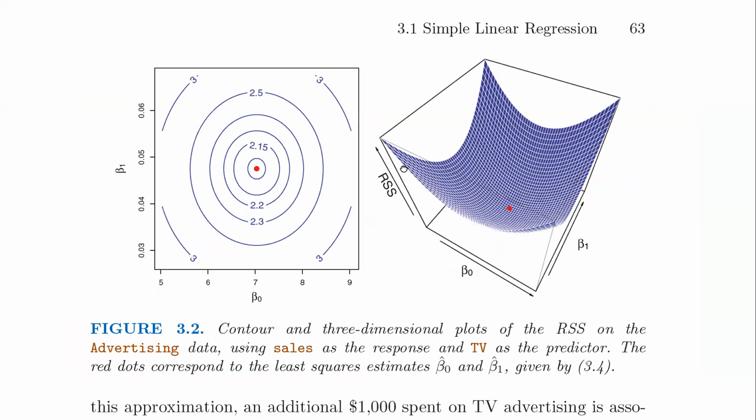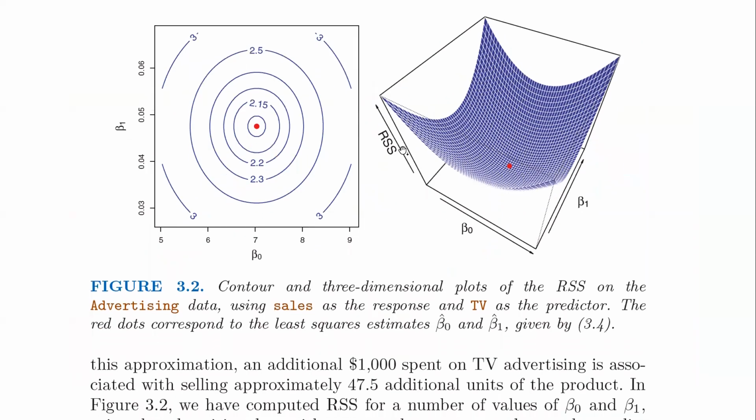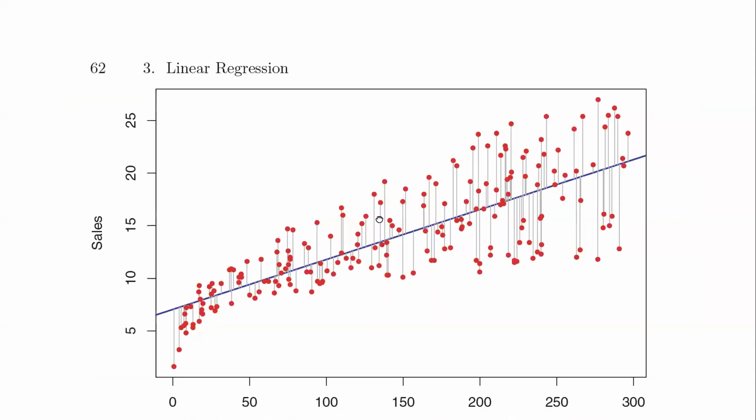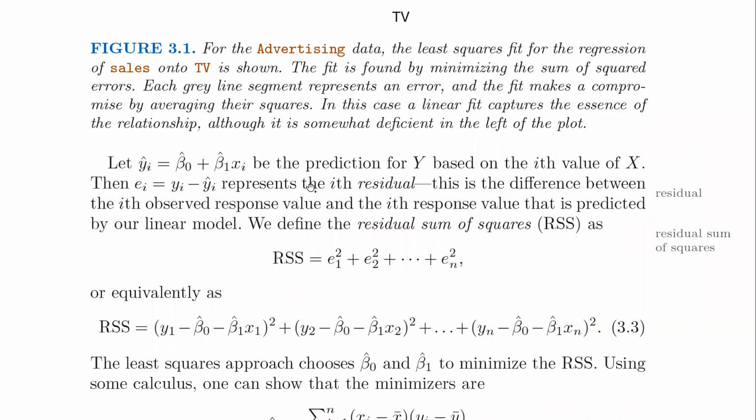Well, in linear regression, the most commonly used approach is the least squares method, where we minimize the residual sum of squares. What is a residual? The residual is simply the difference between your model's prediction and the actual observation.